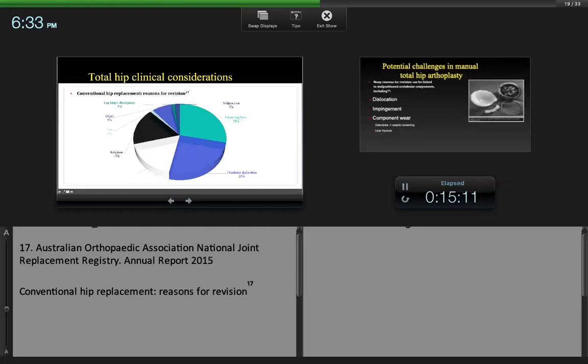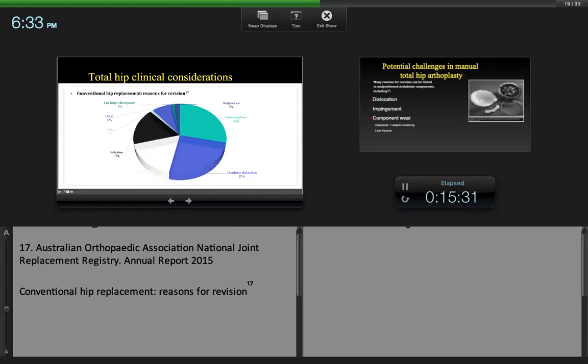And if we put them in correctly, there's far less dislocation risk, especially coming from the anterior approach, which inherently is more stable. So like I said, in my hands, to my knowledge, I haven't had any of my hip replacements dislocate to date. And I haven't had any that I've had to revise for dislocation events or malpositioning.